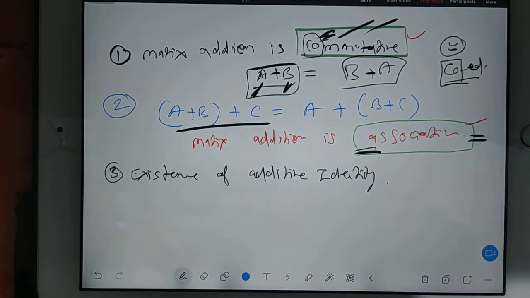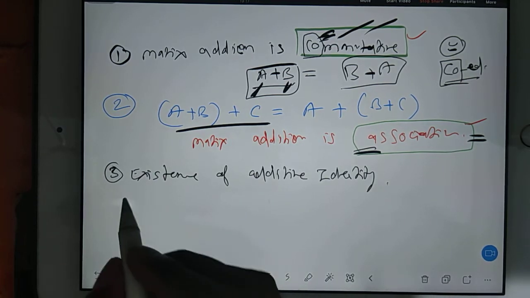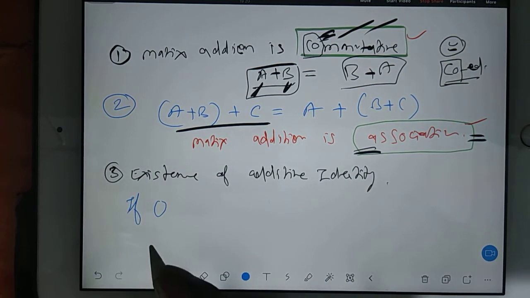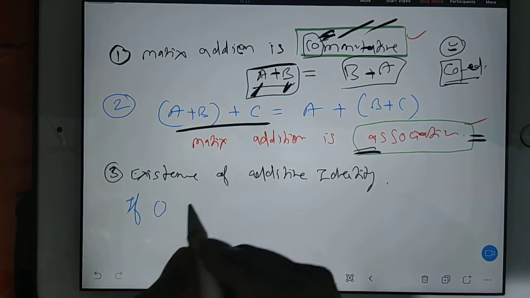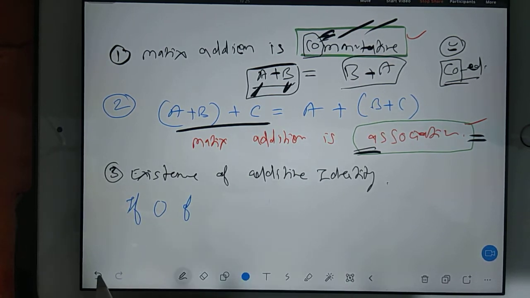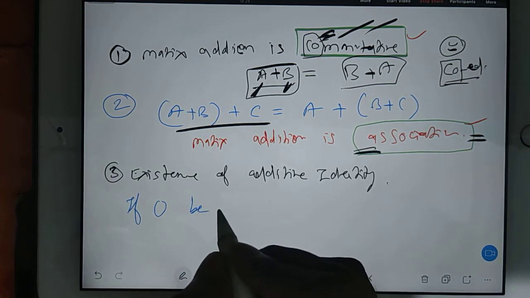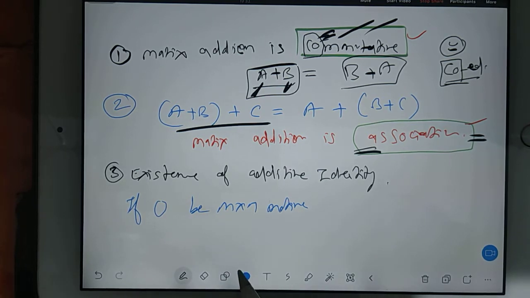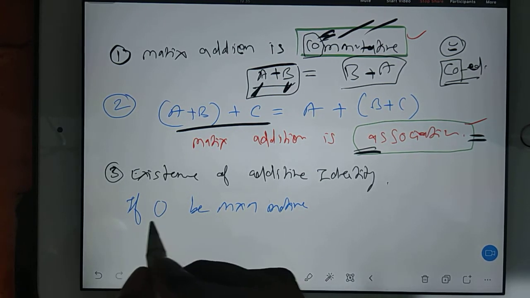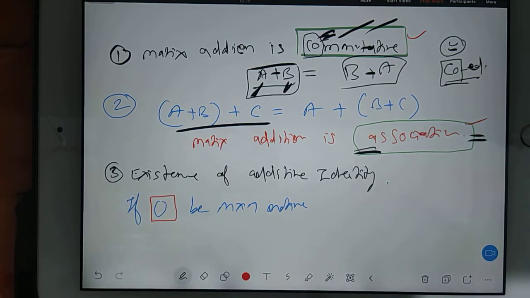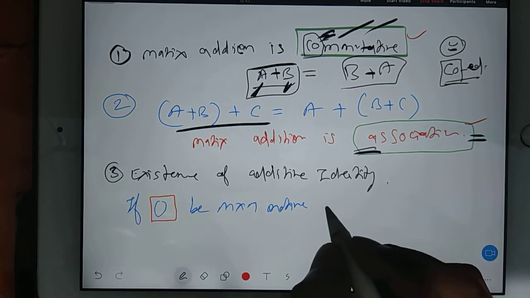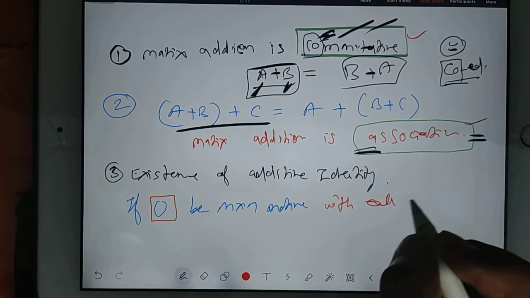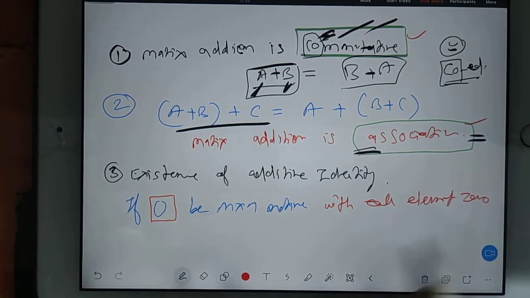Suppose O is a matrix of order m cross n, and in previous classes we have taken this O as the symbol for the null matrix, a matrix with each element 0.